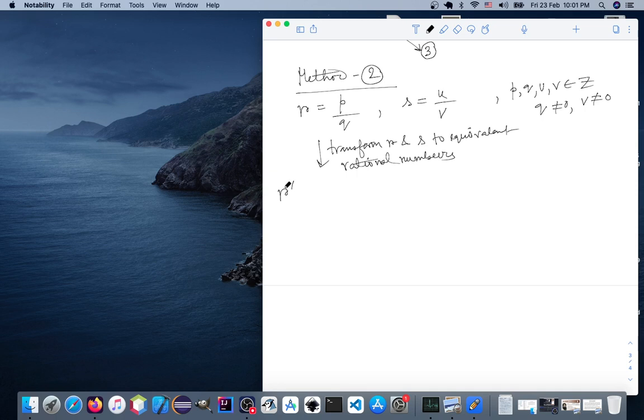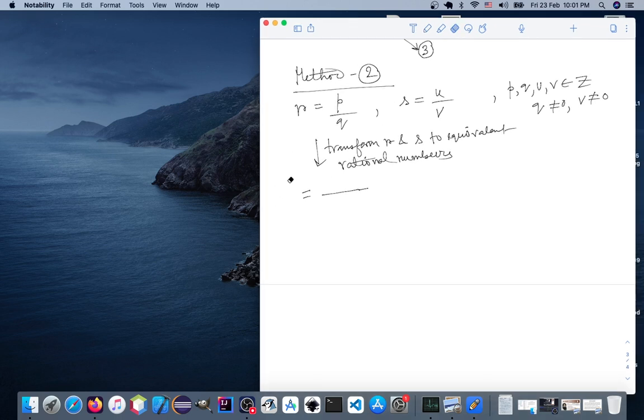I mean, R dash and R are equivalent rational numbers. First, we transform R and S so that they have the same denominator. Now, how do we do that? We take the LCM of Q and V.